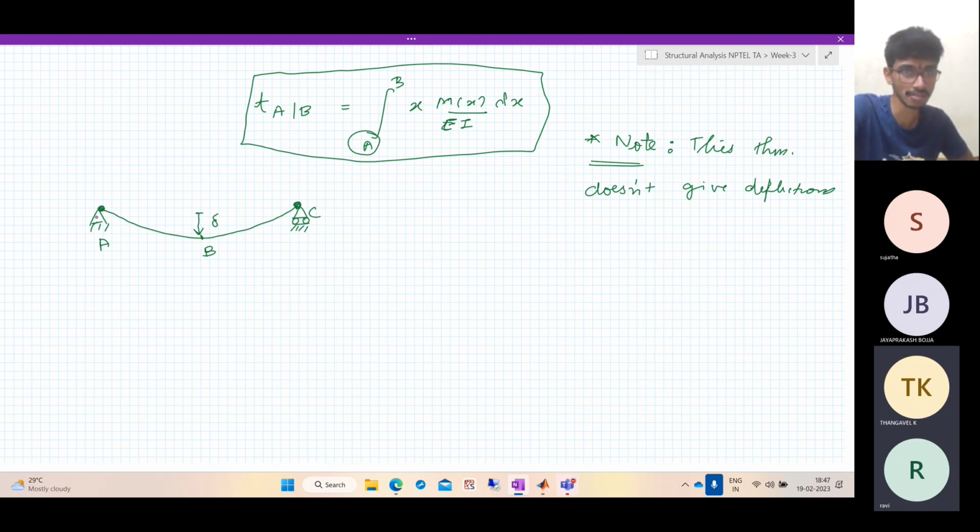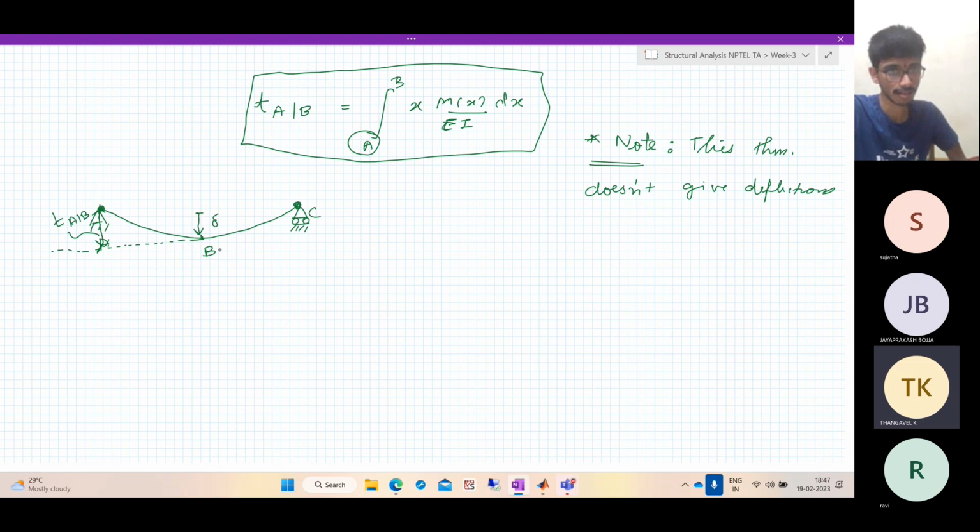If you say what is T of A with respect to B, it means you draw a tangent at the point B. With respect to this tangent, what is the position of the point A? So this quantity is T of A with respect to B. And what is T of B with respect to A? Both are not the same. So again, the same beam.